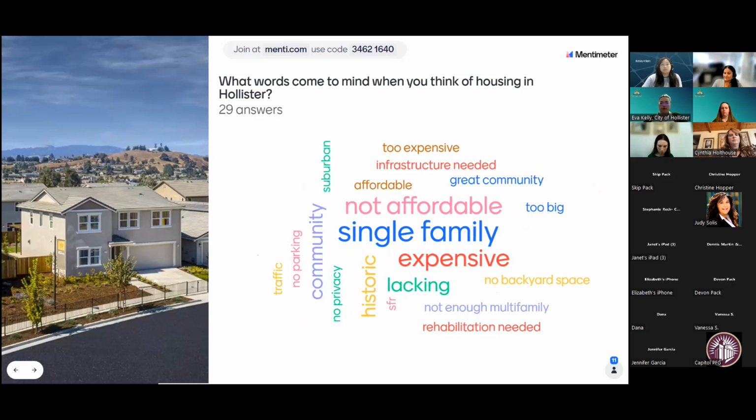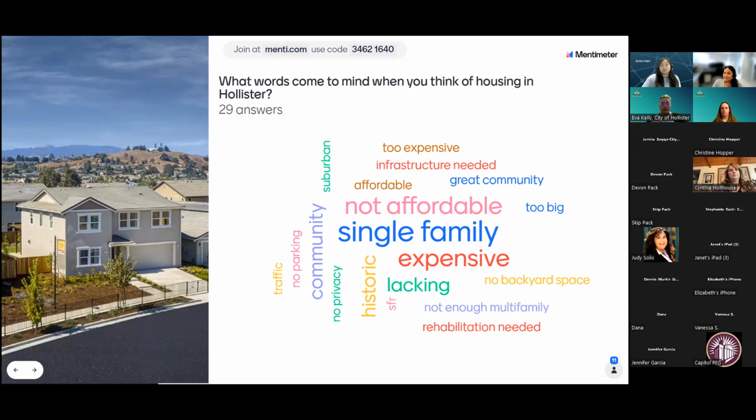Also, I'll circle back with some other comments, but one thing that I would very much like to emphasize is that Hollister is lacking in transitional housing, which is to say that our homelessness problem is aggravated by the shortage of short-term rental housing for persons who experience, say, an abusive or toxic household. And so that is one thing that is presently aggravating the homelessness problem in San Benito County.